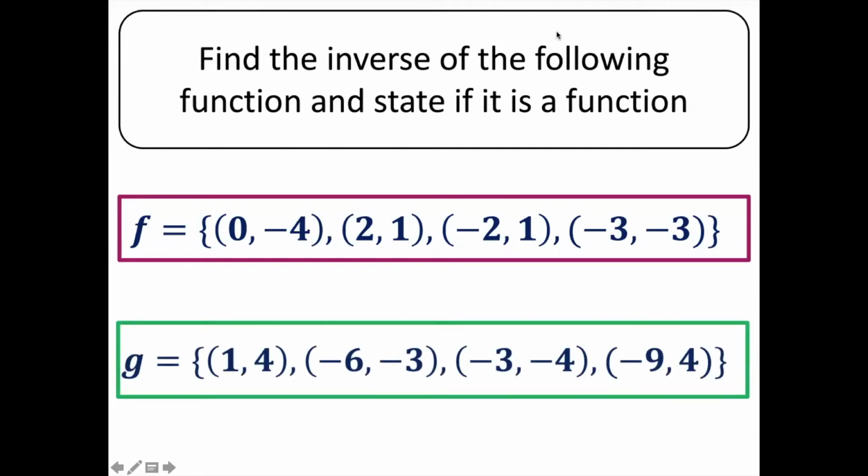Is this a function? Or rather, what's the inverse? So again, for the inverse, we simply interchange the x and y or the domain and the range. So you have negative 4, negative 3, and 4, negative 9.